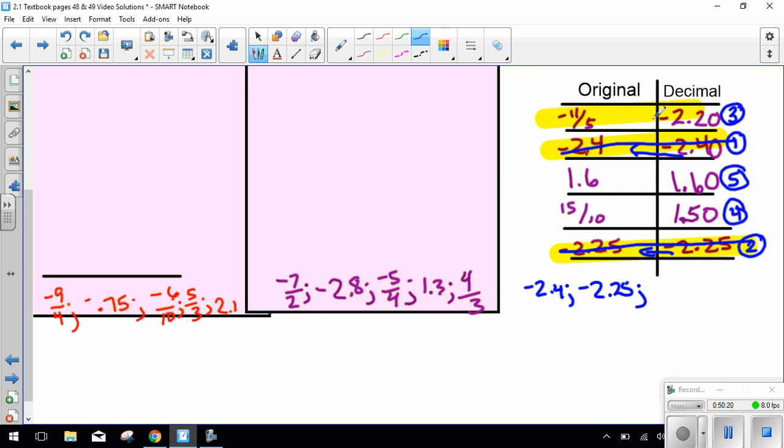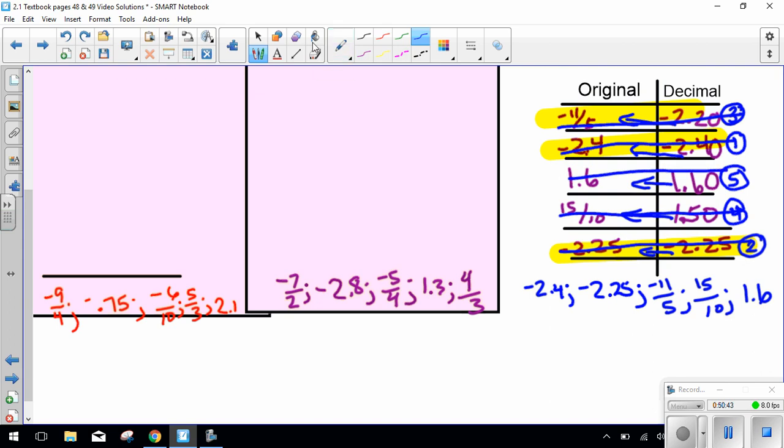Third, we have -11/5, draw a line. Fourth, we have 15/10, draw a line. And last, we have 1 6/10, draw a line.